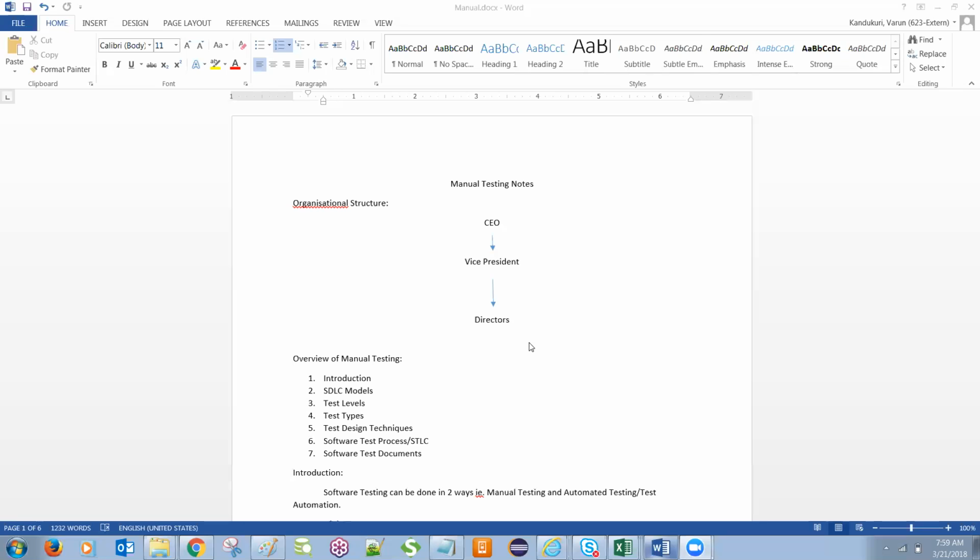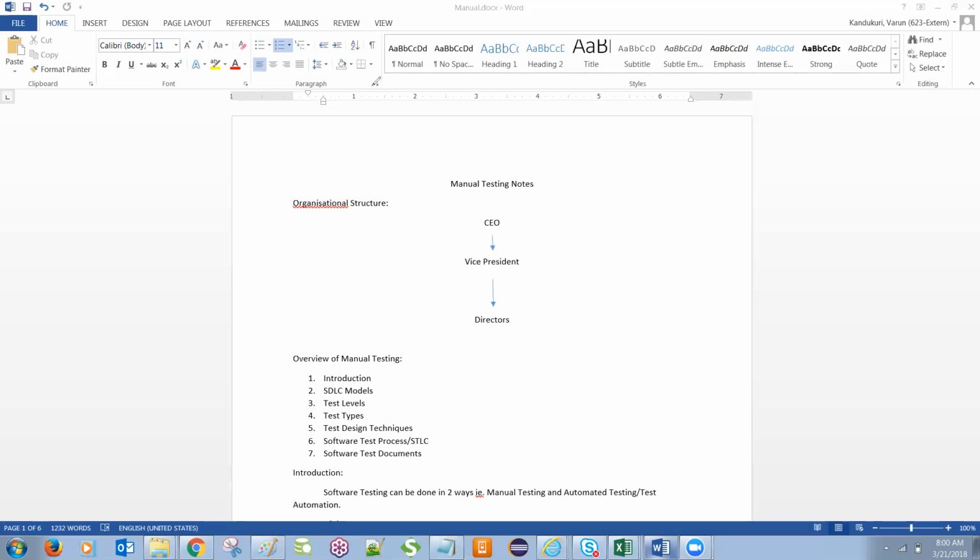So I mentioned the SDLC model, right? This Agile also comes under the iterative model. Actually, the SDLC model is segregated into two parts.